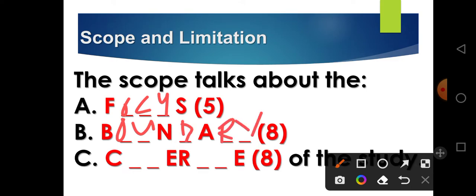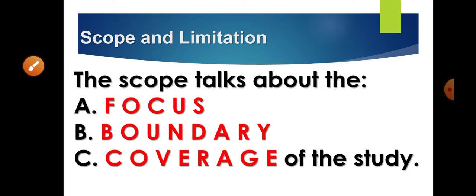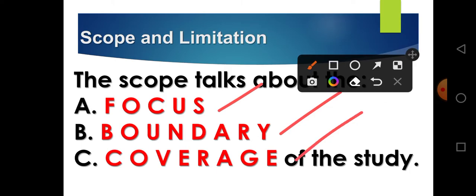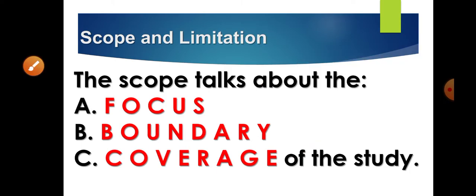And third, the coverage of your study. Your scope must identify the focus of your study through your objectives, the boundary of your study, as well as the coverage of your study, and it is written in one paragraph only. That will be our discussion regarding the scope.